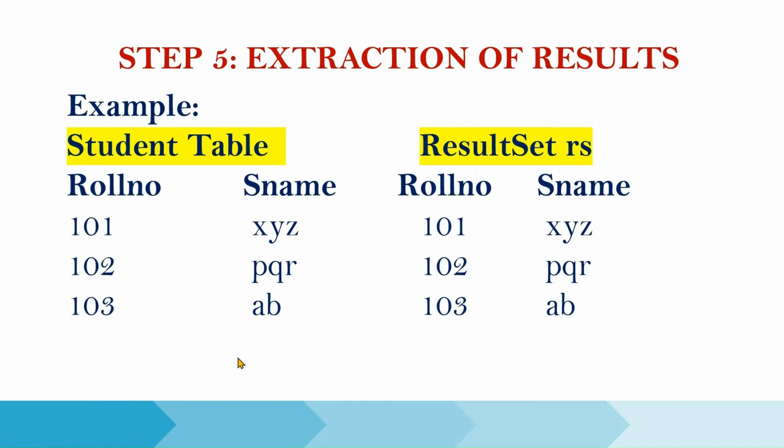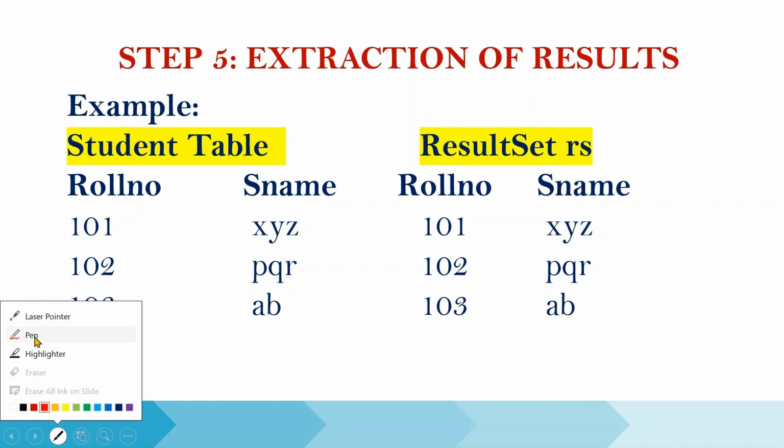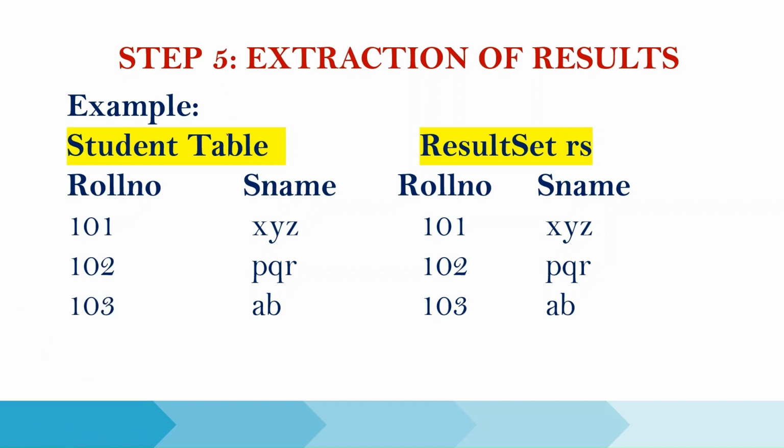Now to understand this, I've given one example. I have a student table with roll number and SNAME. Roll number is of integer type and SNAME is of varchar type, and you can see some numbers for roll number and some characters for the SNAME. Now I need to dump the particular values. So here, if I write rs equal to st.executeQuery of select star from student, I now just dump my values into the result set.